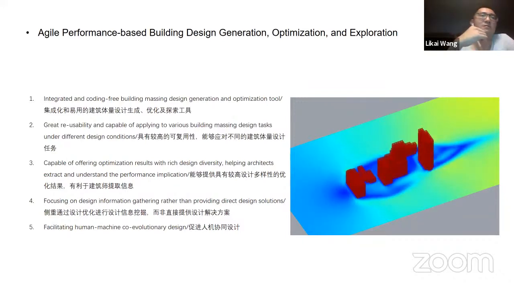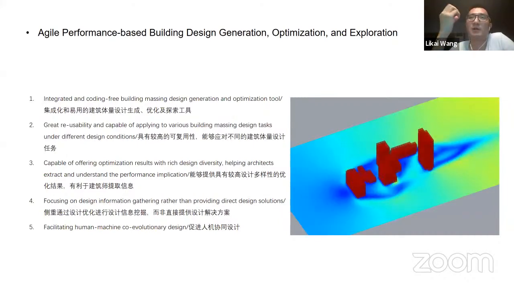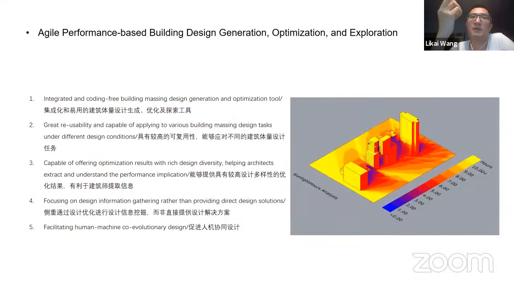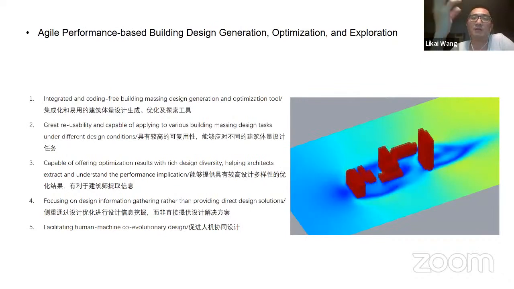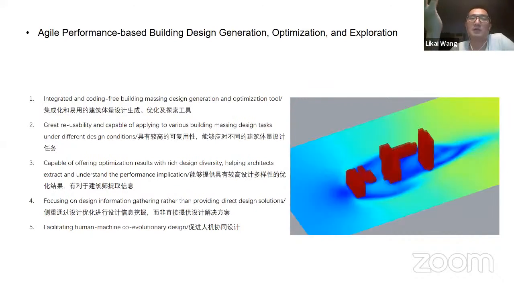And the last feature is that EvoMass can also help to facilitate human-machine co-evolutionary design. For this point, in some applications of EvoMass, the designer can use EvoMass for several design iterations, which means that the designer will first run an optimization, and then find problems or issues in the optimization result, and then try to come up with a new design idea and run another round of optimization.